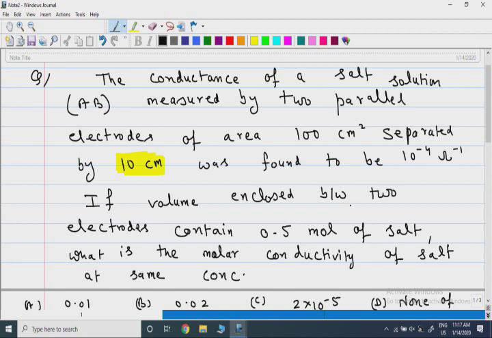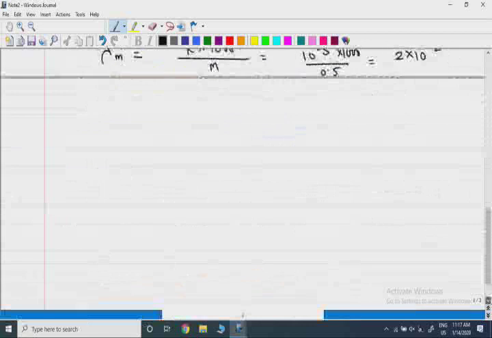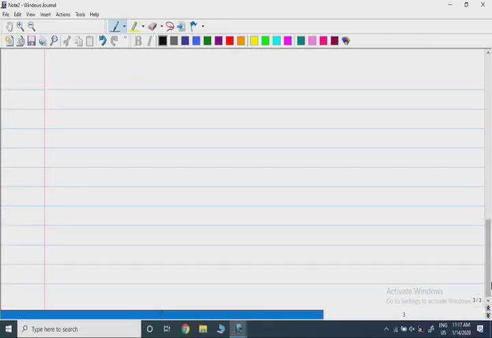Length was 10 centimeter, not 100 centimeter. Done? Okay. Yeah, I know that in the question it was written by mistake as 100. That was 10 actually. Please correct that.